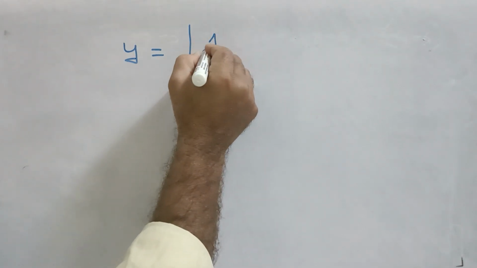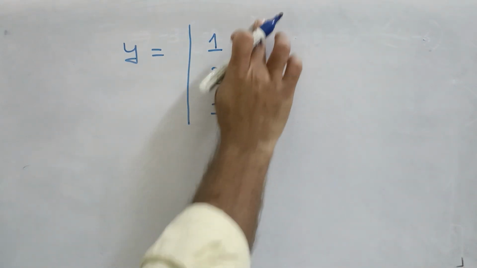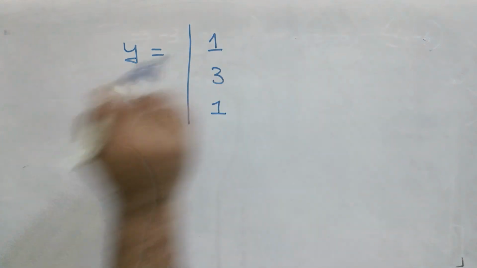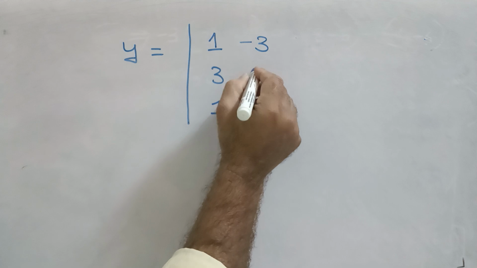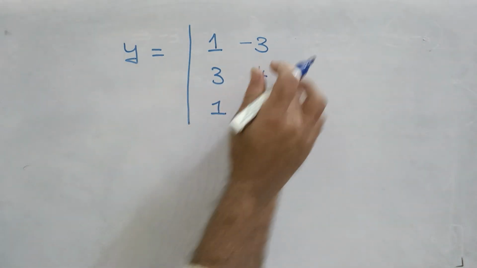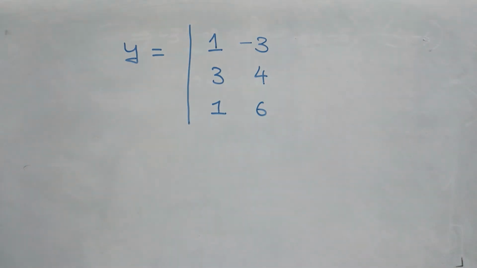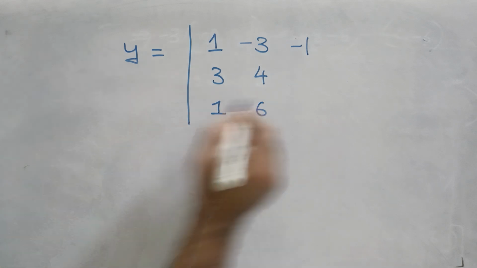The first column you have to keep as it is. In the second column you have to replace with your constants, that is minus 3, 4 and 6. Then the third you have to write as it is, that is minus 1, 1 and 2.